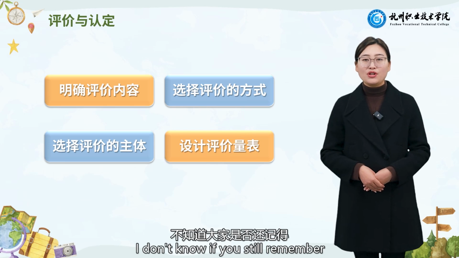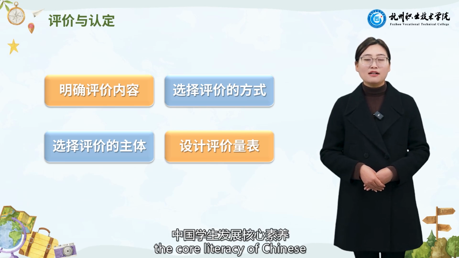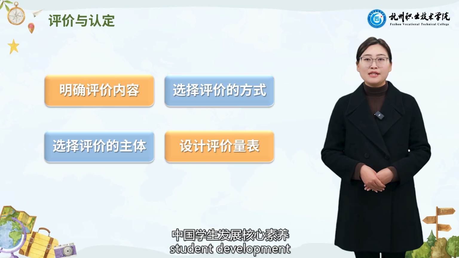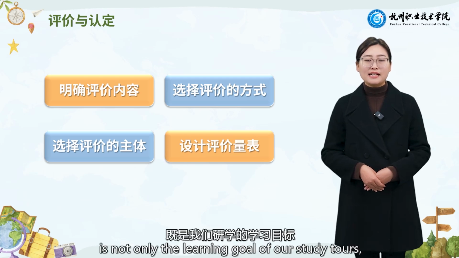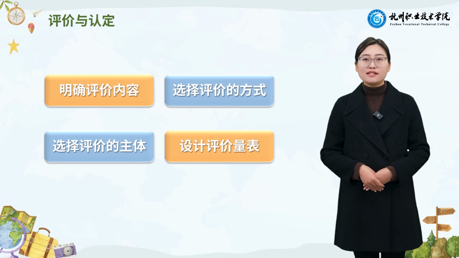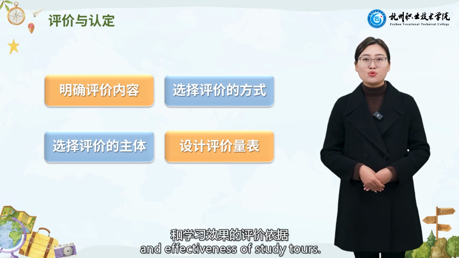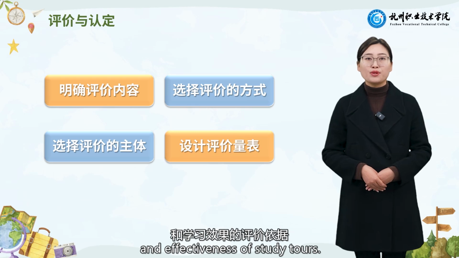I don't know if you still remember the core literacy of Chinese student development. The core literacy of Chinese student development is not only the learning goal of our study tours, but also the basis for evaluating the quality and effectiveness of study tours.